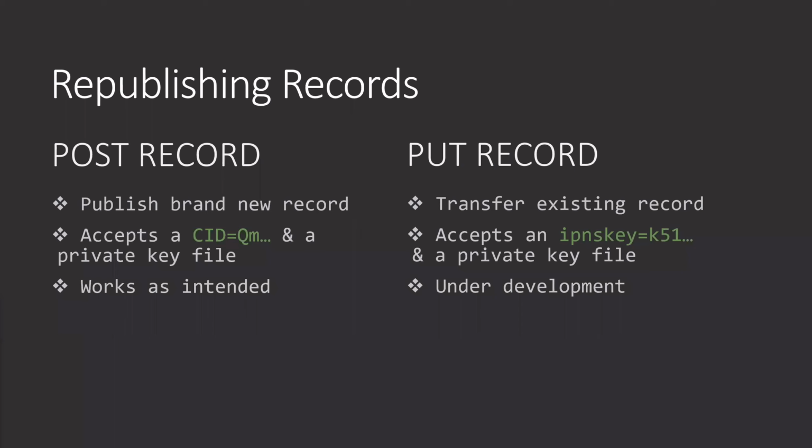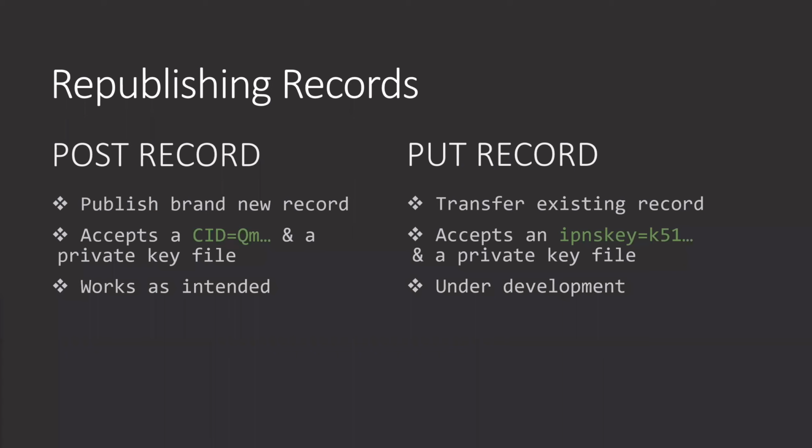So if I wanted to demo how put record works in this instance, I would have to publish content to IPFS on a different node other than my own, then execute the curl command to send it over to our node. So what's supposed to happen with this endpoint is it accepts the provided key and the provided record and imports the key to our node so that it can handle republishing automatically.